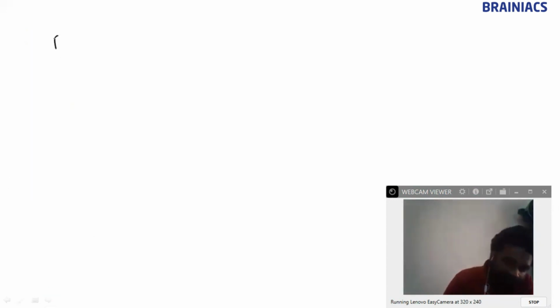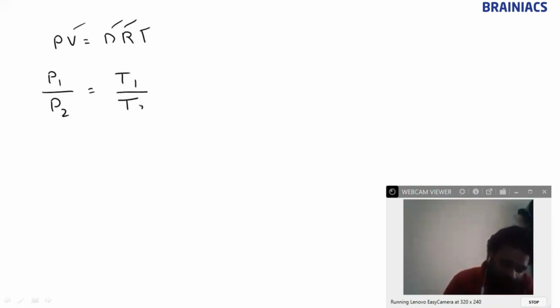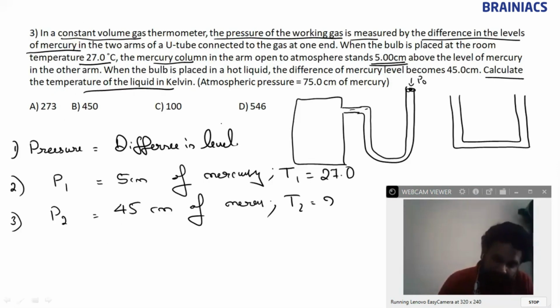It's just like applying gas laws, we can solve this problem. PV is equal to nRT, and R, n, V all are constants. So P1 by P2 is equal to T1 by T2. So 5 centimeter of mercury is that level difference. They have given atmospheric pressure is 75 centimeters, so that also will be there along with the P1.